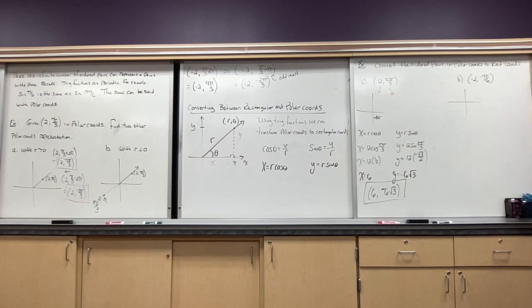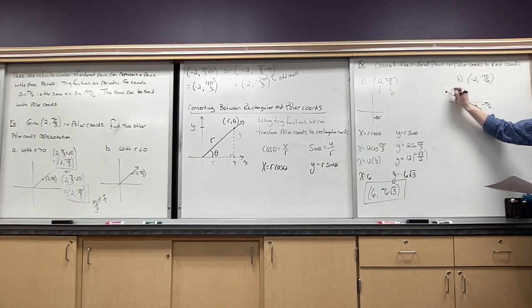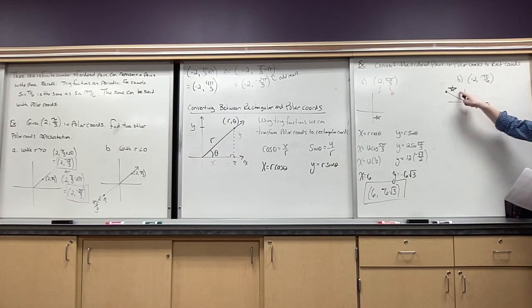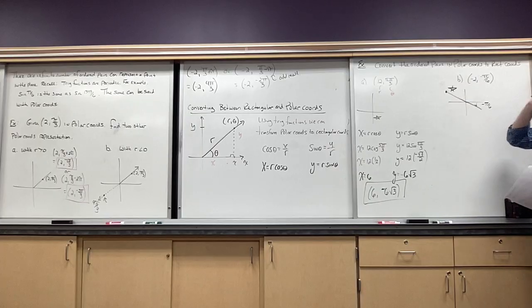Okay. So first, let's just find a quadrant. So negative pi over 6 means I'm coming down here, right? This is negative pi over 6. But the negative radius is going to flip me over here. So this is in quadrant 2. So in quadrant 2, my y value is positive, my x is negative. So I want to keep that in mind.